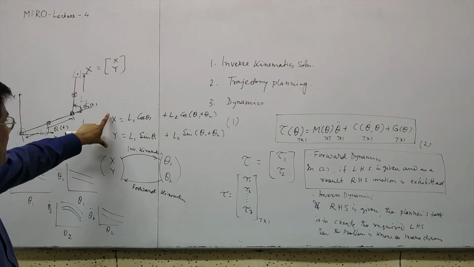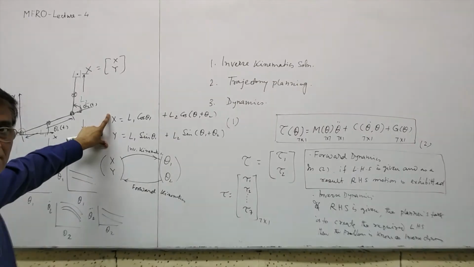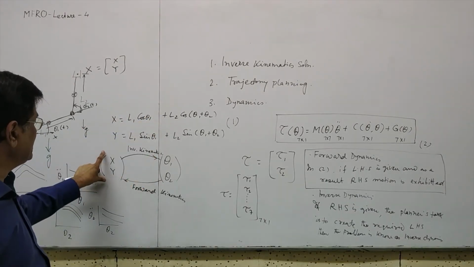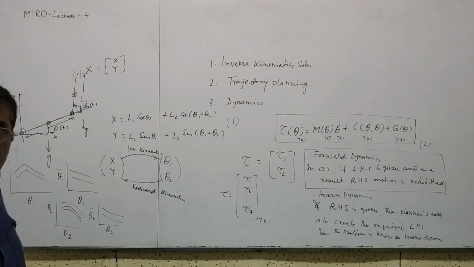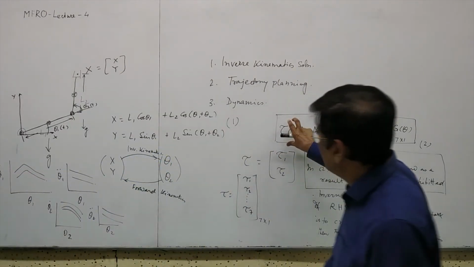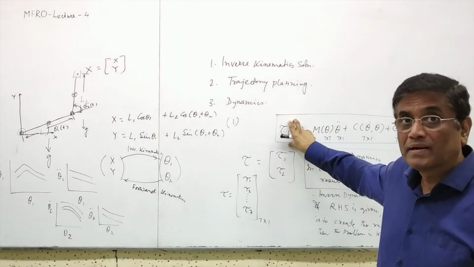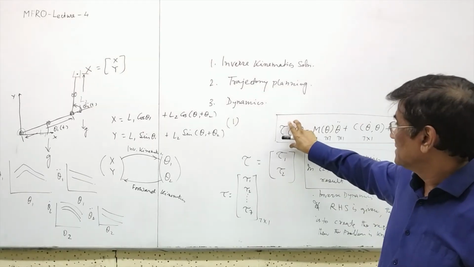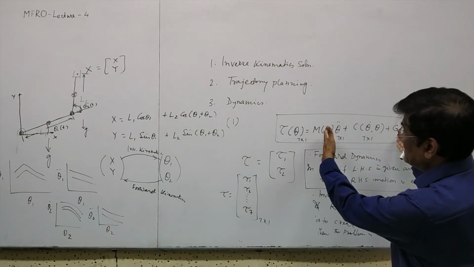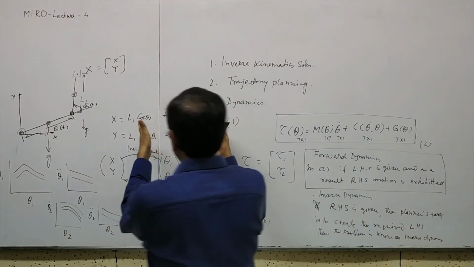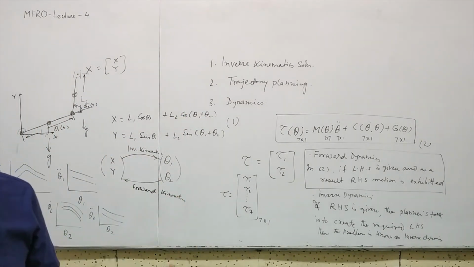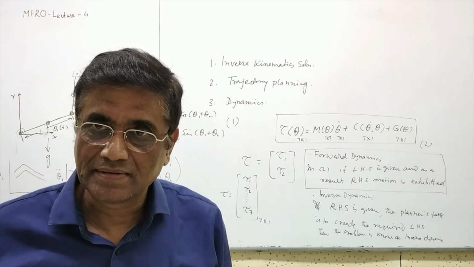Okay, if the left hand side was given, you need to find the right hand side. That means this was given, it was inverse kinematics. But if this is given, then it is forward dynamics. If this side, theta 1, theta 2, are given, you are solving forward kinematics.